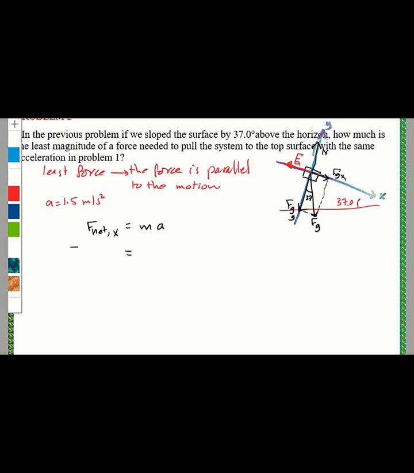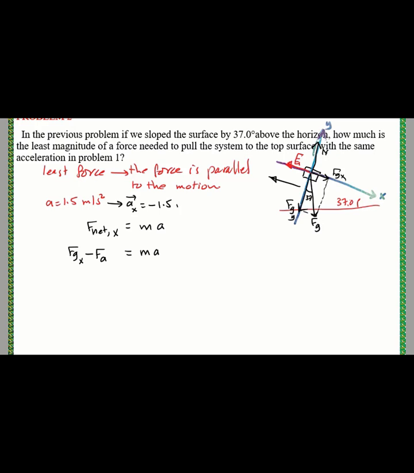So here we have Fgx minus Fa equals m times a. Now the motion is up, so the acceleration should be in the negative direction. Then if we need to write the acceleration in vectorial notation, a in the x direction is minus 1.5 meters per second squared.